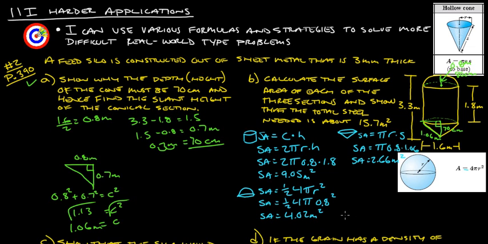square meters. Alright, so to figure out the total surface area, we just add all 3 of those together, right? So the total is going to be 9.05 plus 2.66 plus 4.02.